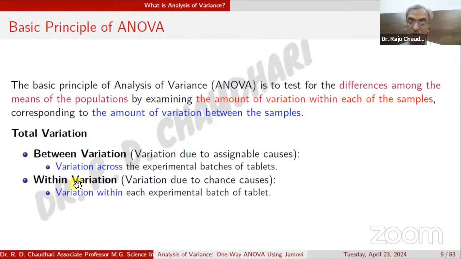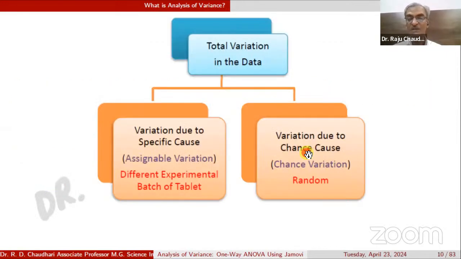That means if you look at the data for the same batch, where different tablets are selected, within that batch there is a variation. That is the chance variation, which is also known as the error variation, right? So this is the basic principle behind the analysis of variance.